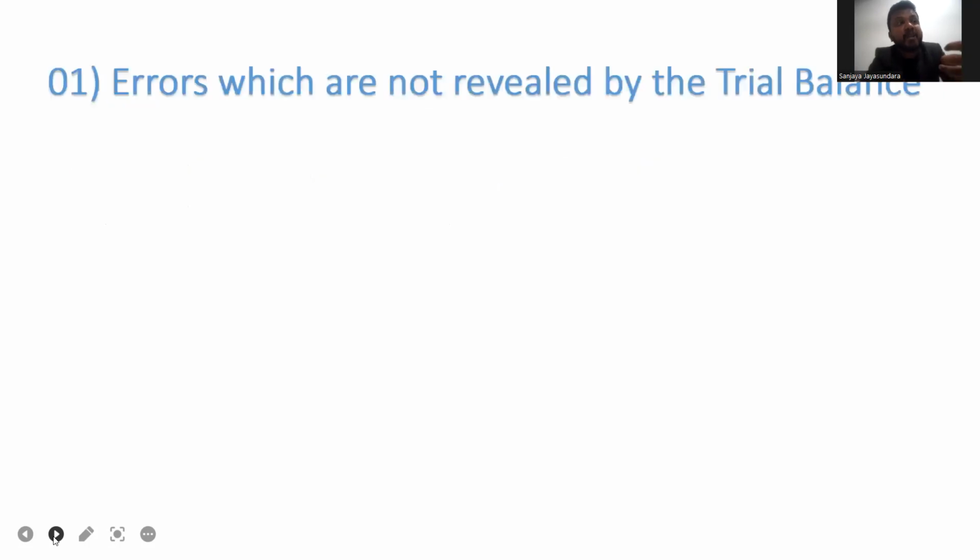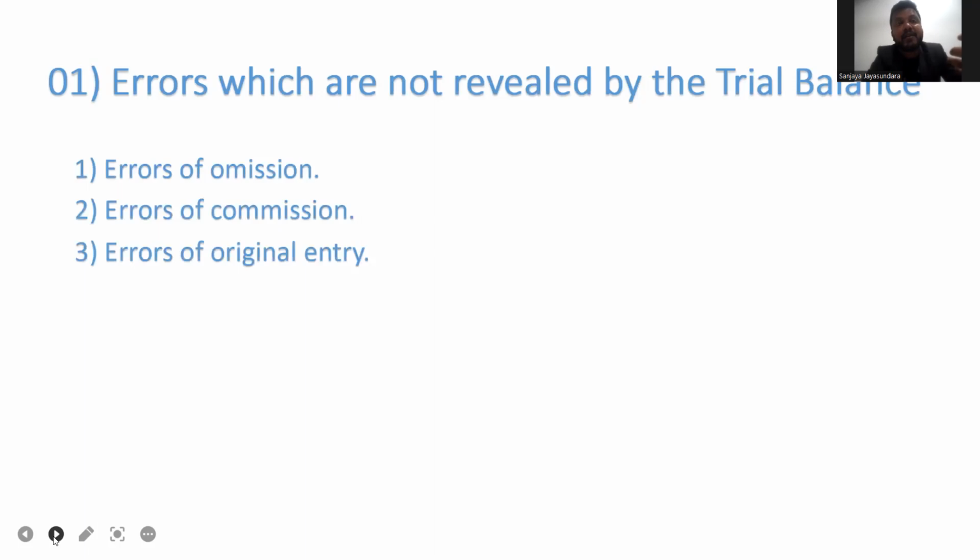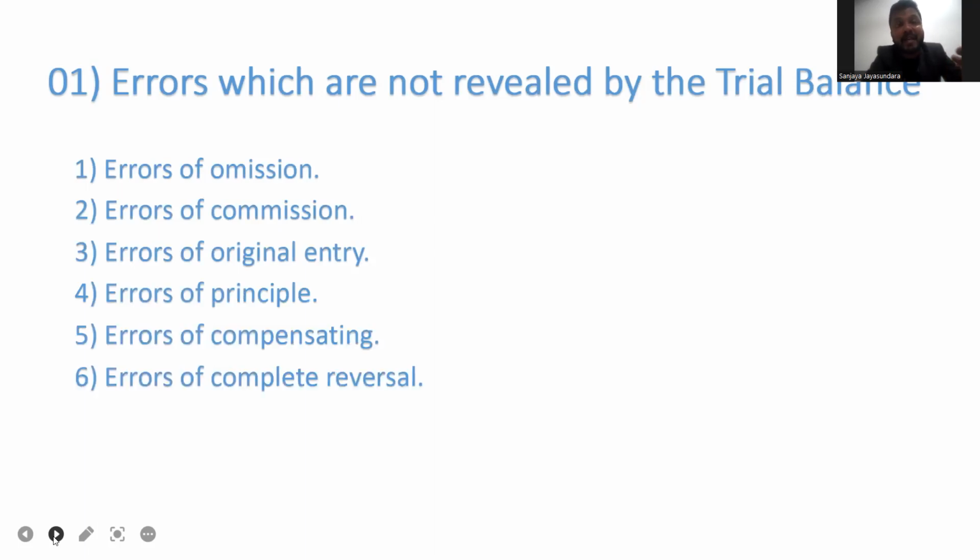Under the first category, we have to think about 6 errors: the errors of omission, commission, original entry, principal, compensating, and finally complete reversal.